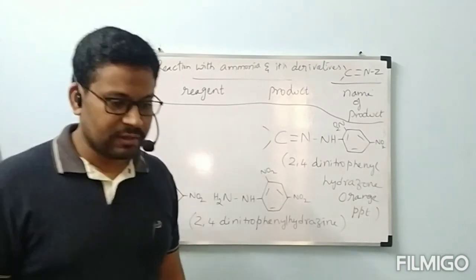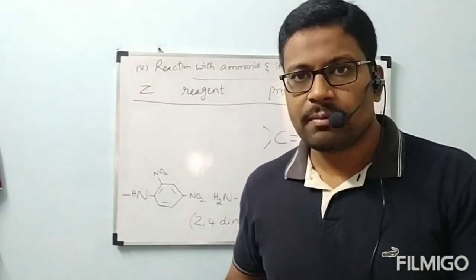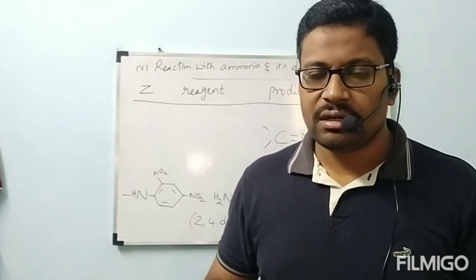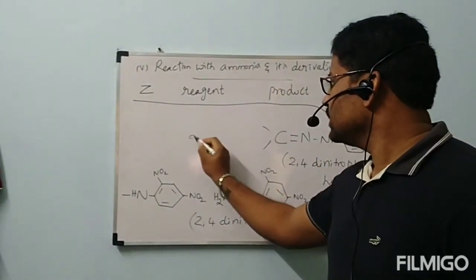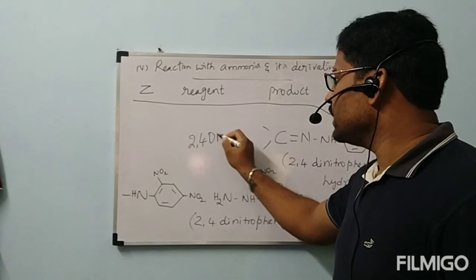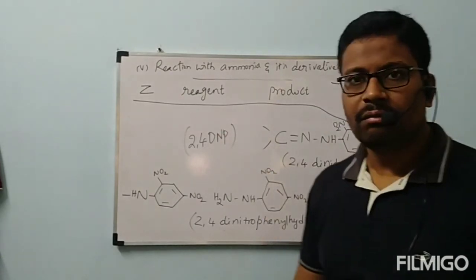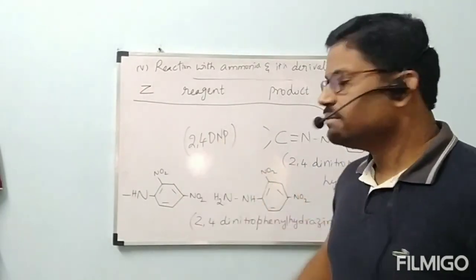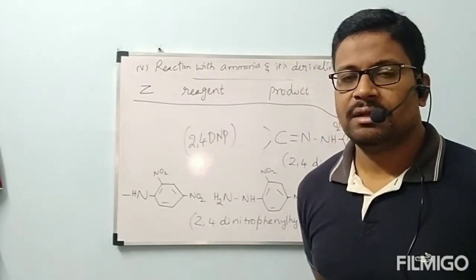Actually, this 2,4-dinitrophenyl hydrazine is simply called 2,4-DNP. In our laboratory, we have one reagent bottle with the name 2,4-DNP, and this test is called the 2,4-DNP test.